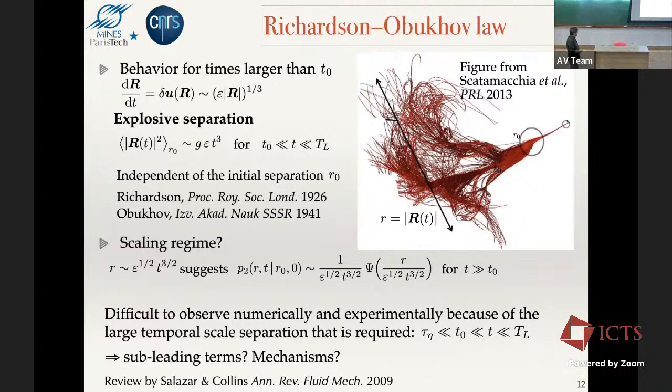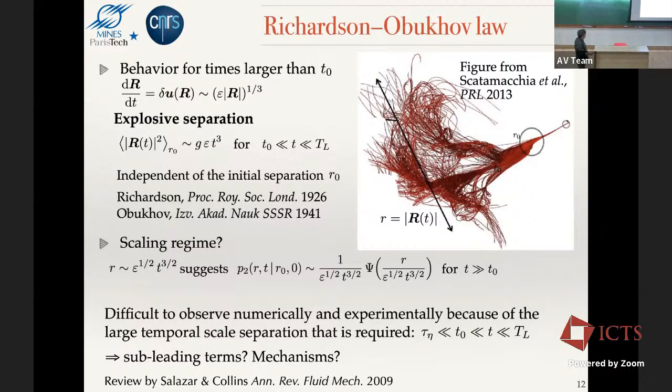Okay. So of course, the problem is that in order to observe this law, it's pretty difficult in both experiments and numerical simulations because you need very huge scale separations. First, you need time to be much less than the large scale time, because otherwise you have simple diffusion.